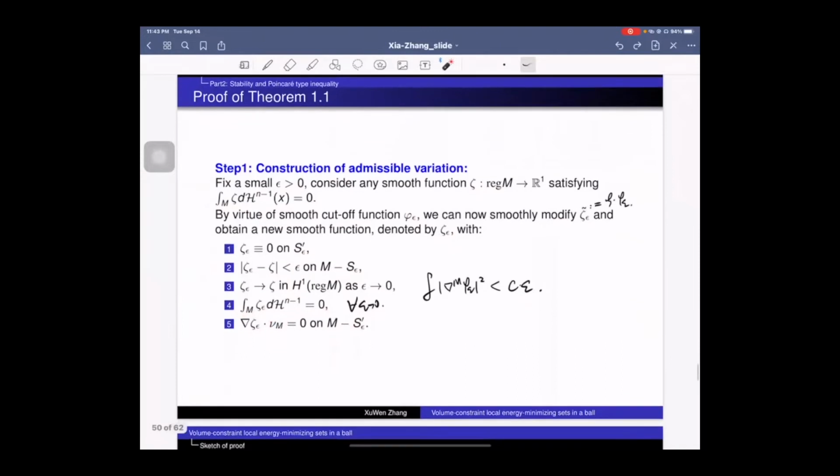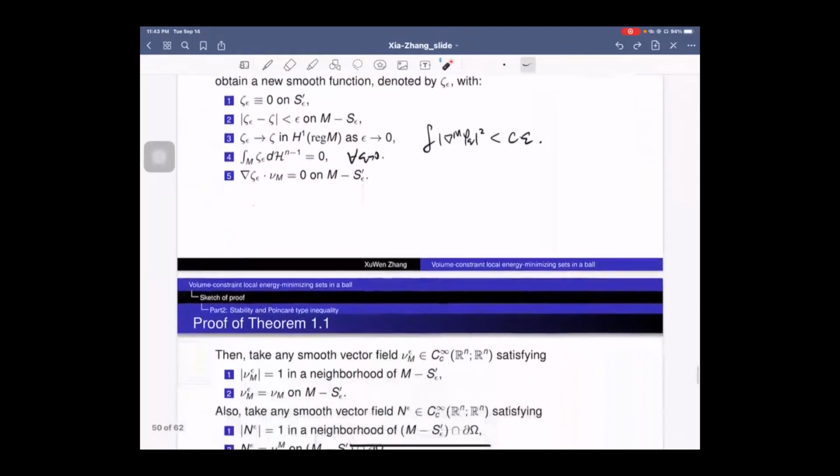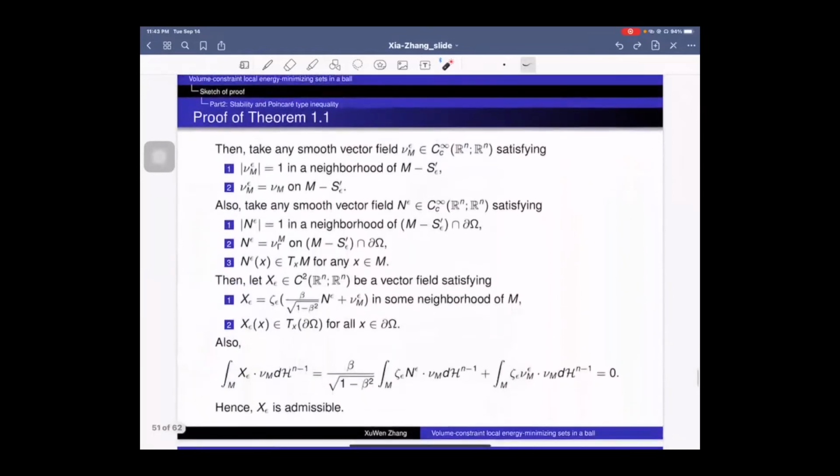And now we can use theta epsilon to define the admissible initial velocity, which is this combination. Here, for example, this is M, and nu_gamma_M is the unit conormal of M at the regular part of M, and nu_M is the unit normal of M at the regular part of M inside omega.